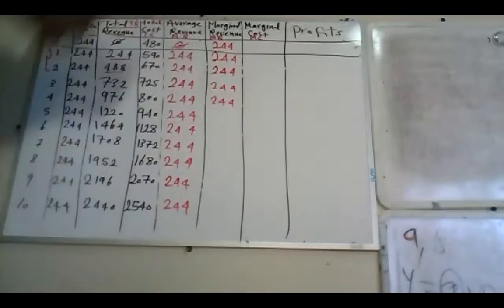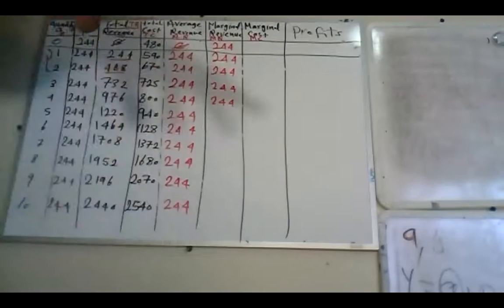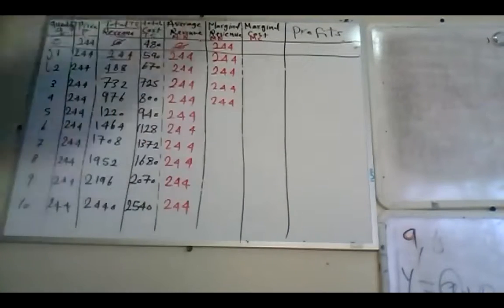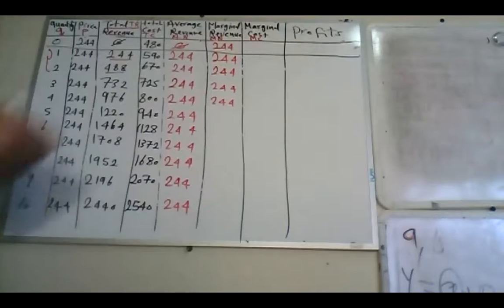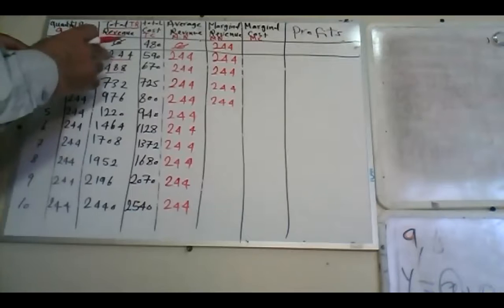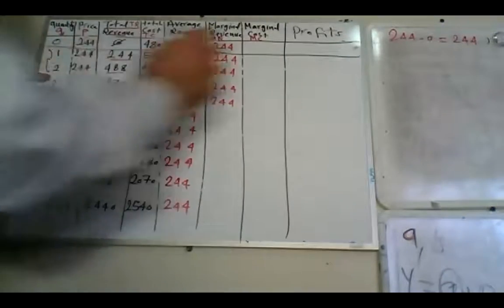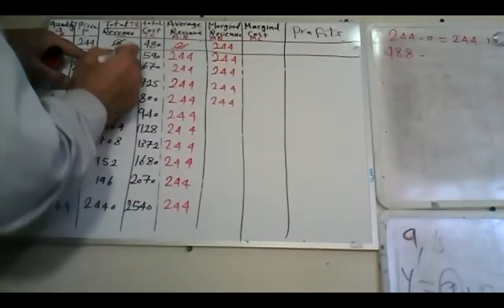What will happen to the total if the quantity is changed by 1? As an example, for level 1, it will be 244 minus 0, that will give me 244. For level 2, 488 minus the one preceding it, 244. This will give me 244.